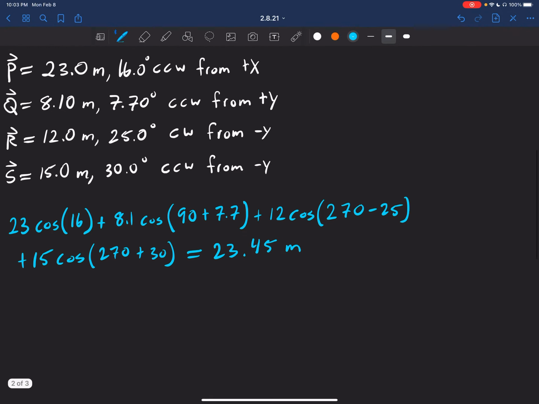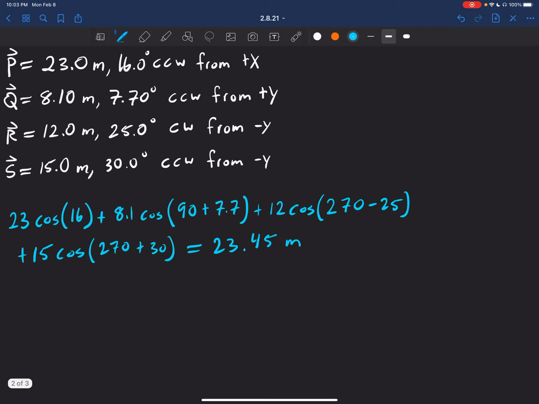So now we're going to do the same thing, but to find the y components, we're just going to use sine instead of cosine.